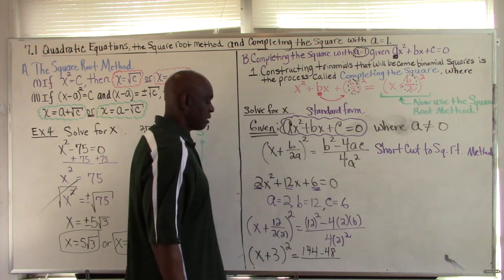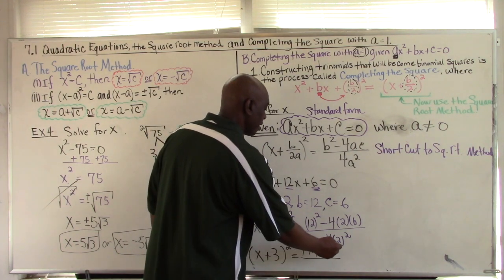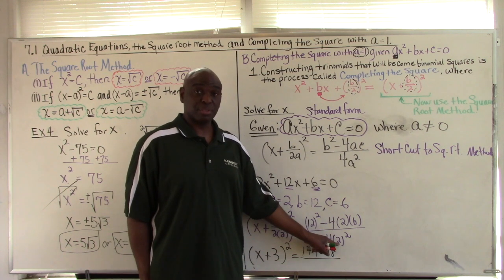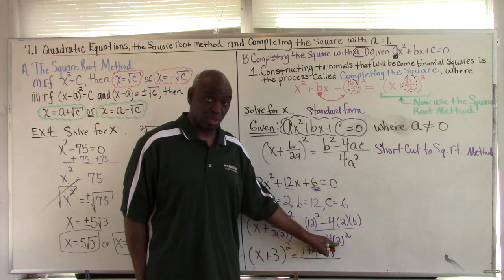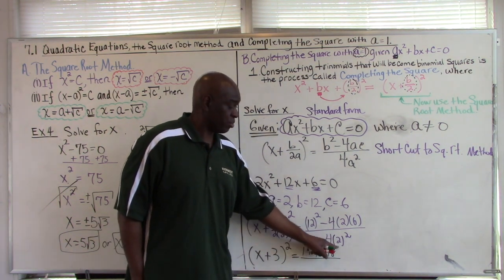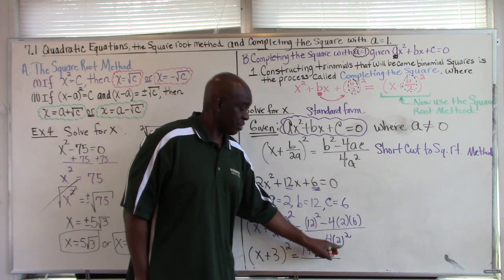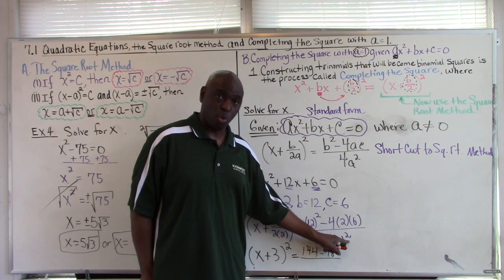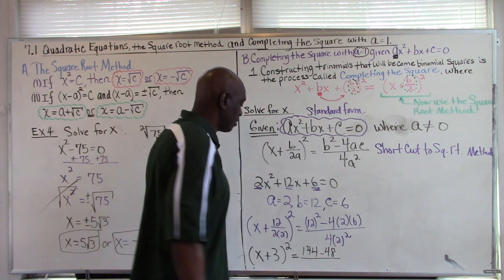4 times 2 times 6 is 48. All divided by, all right, we have 2 squared. Do not say 4 times 2 first. That's not order of operations. You can't say 4 times 2 and then square it. No, you must take the 2 and square that first. 2 squared is 4. And then 4 times 4 is 16.